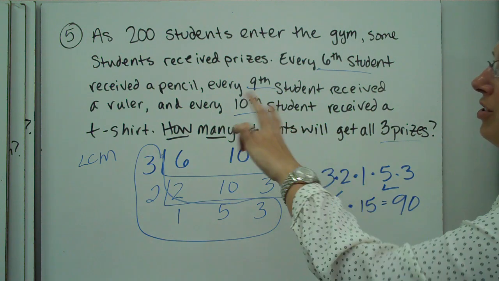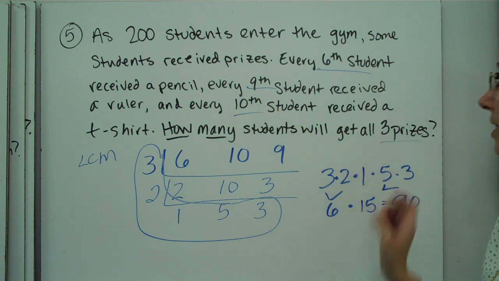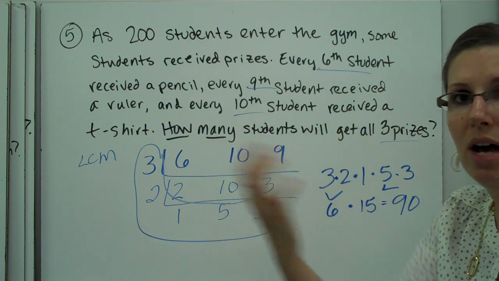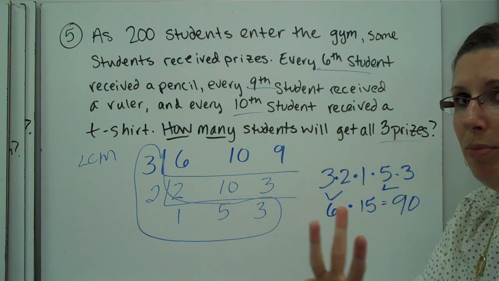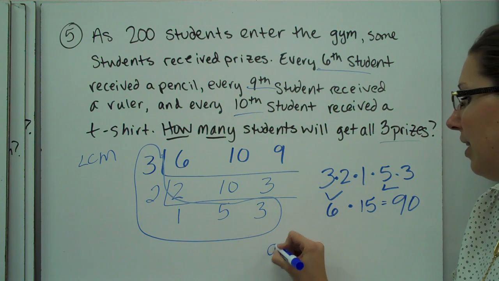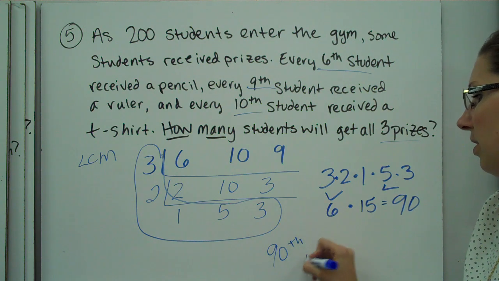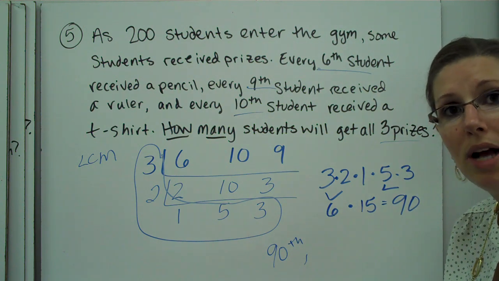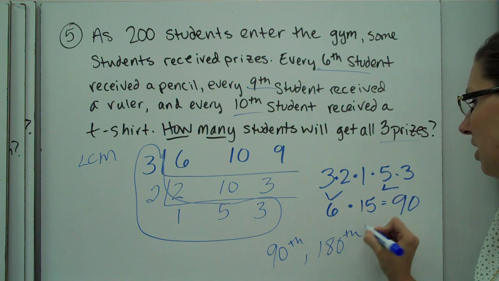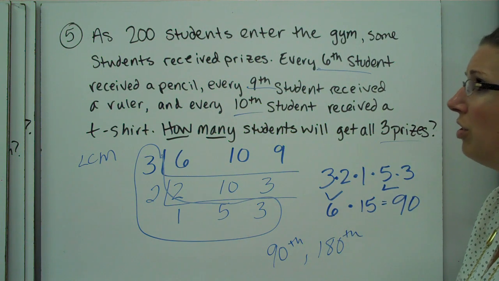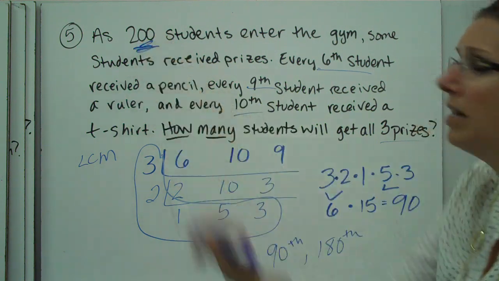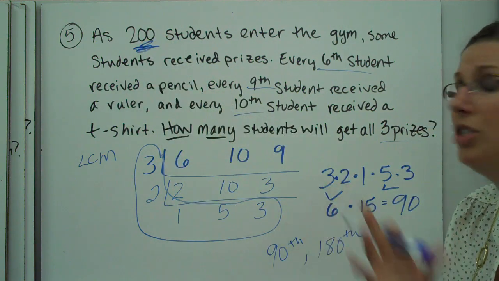Not 90 students out of the 200 gets the 3 prizes. Every 90th student that comes along will get all 3 prizes. So if the 90th student gets a prize, then the next person that gets a prize after him is the 180th student. And if I try to find another student, I actually run out of students because I only had 200 coming into the gym.